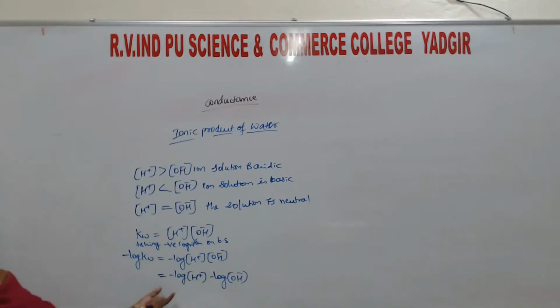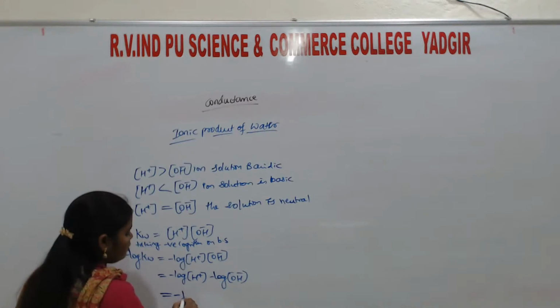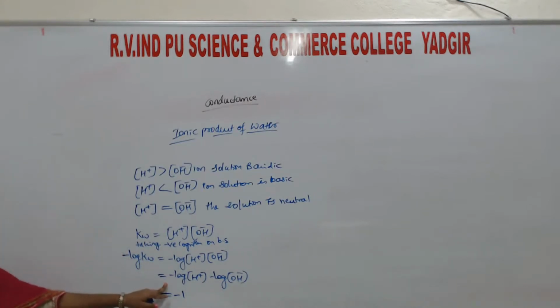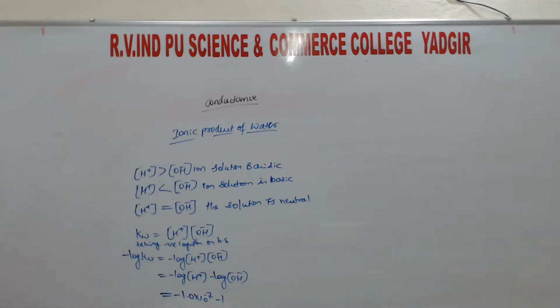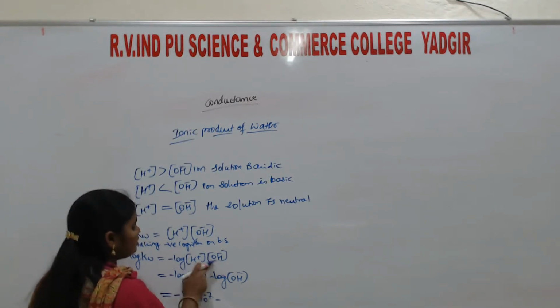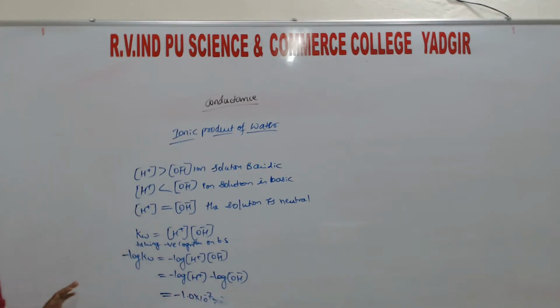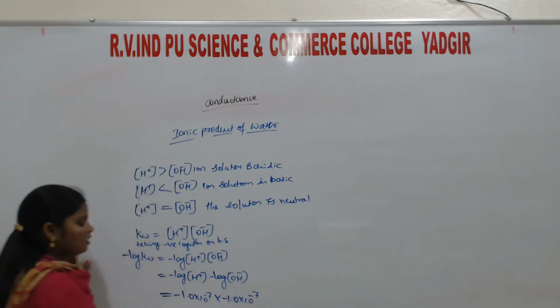Here H plus is 1.0 into 10 to the power of minus 7, and OH minus is 1.0 into 10 to the power of minus 7.